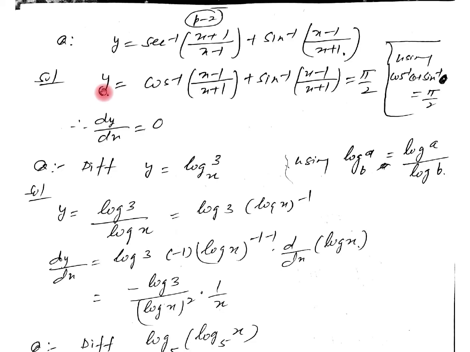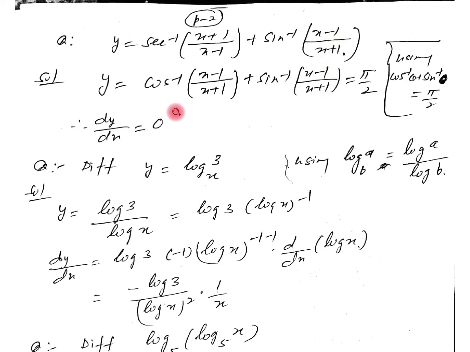Again y can be written as, because secant inverse x equals cos inverse 1 upon x, this secant inverse of x plus 1 upon x minus 1 can be written as cos inverse of x minus 1 upon x plus 1. This we have done in inverse trigonometrical functions. So it can be written as cos inverse of x minus 1 upon x plus 1 plus sine inverse of x minus 1 upon x plus 1.